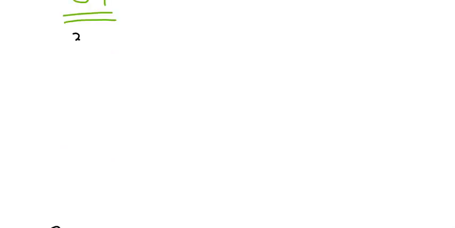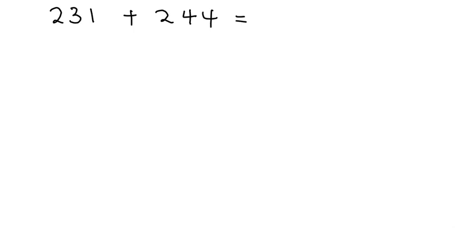Let's do it here, 231 plus 244. So you have two options. You can solve it in line. So our answer is going to have 3 spaces because we have 1, 2, 3, 1, 2, 3.